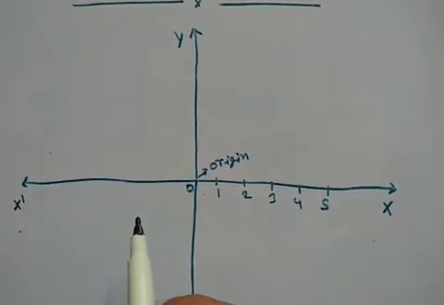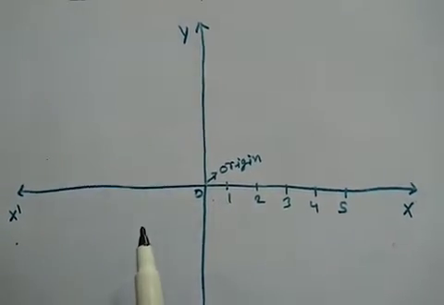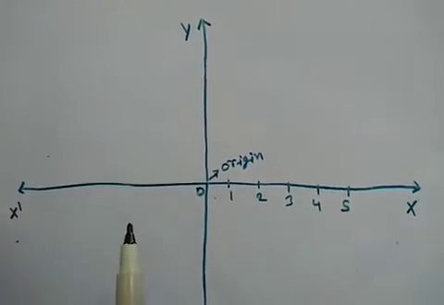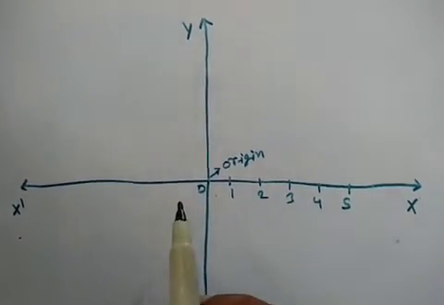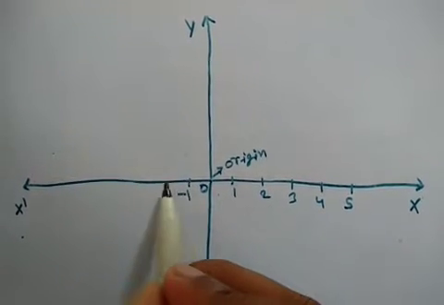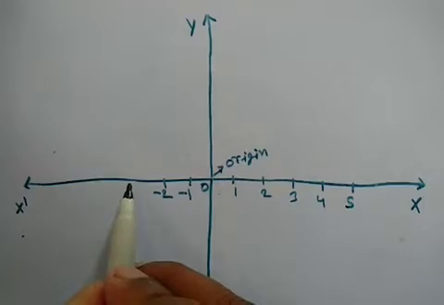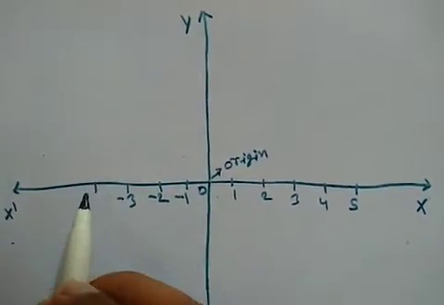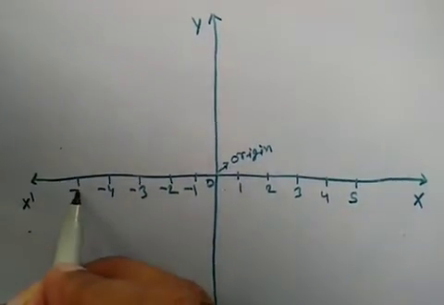And we write negative numbers on the left side of the origin. So -1, -2, -3, -4, -5.